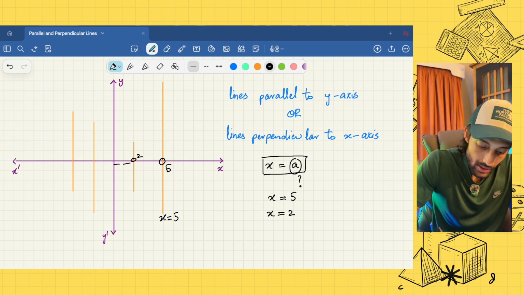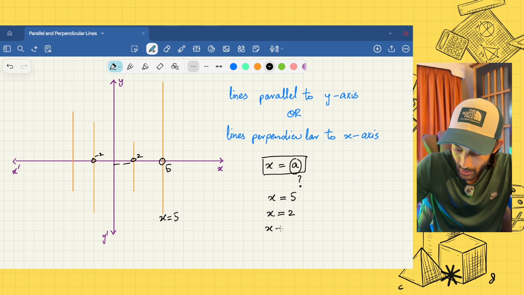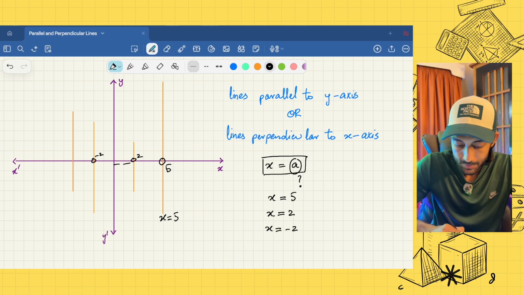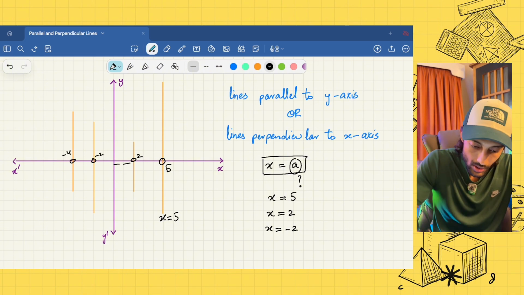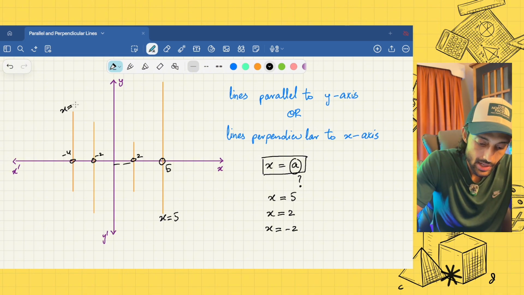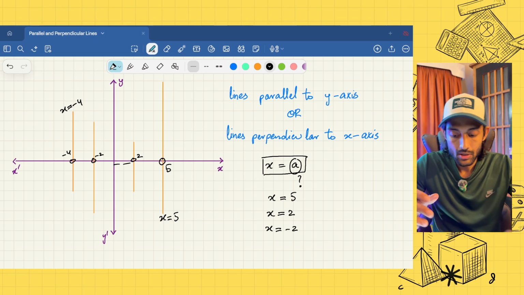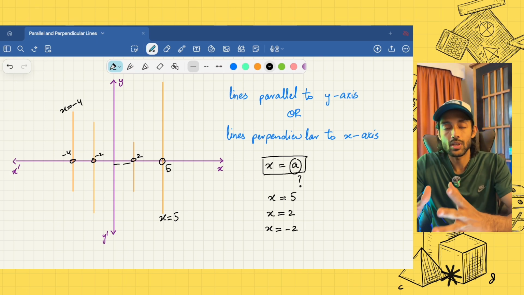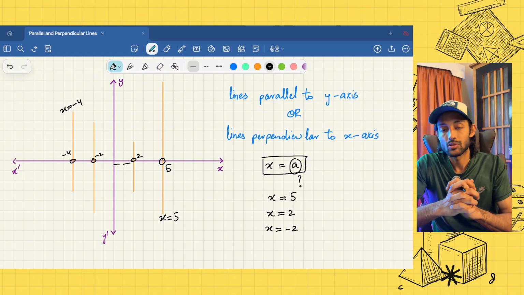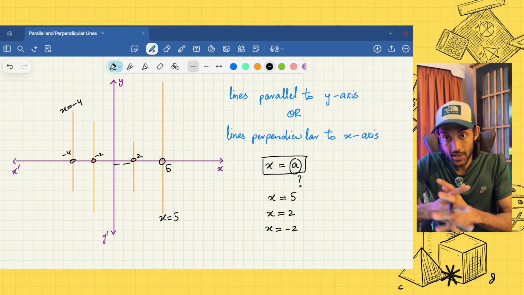Right? On the other side, if you go on the left side, so this is basically negative 2. So your equation turns out to be x equal to negative 2. If you move further, you get negative 4. So this equation turns out to be x equal to negative 4. So the idea is really simple. If you see the lines are parallel to the y-axis, obviously they will be perfectly vertical.